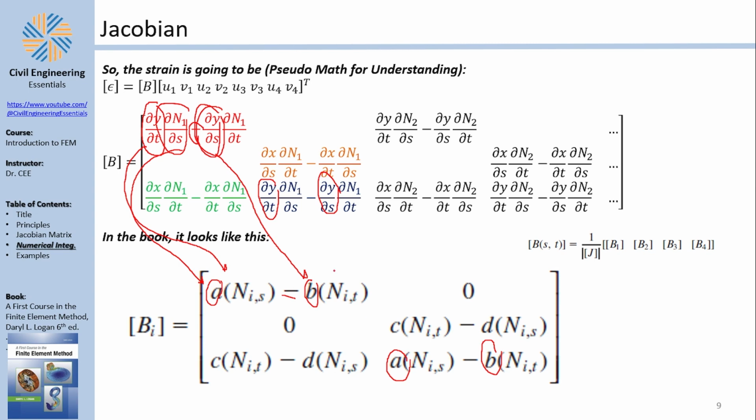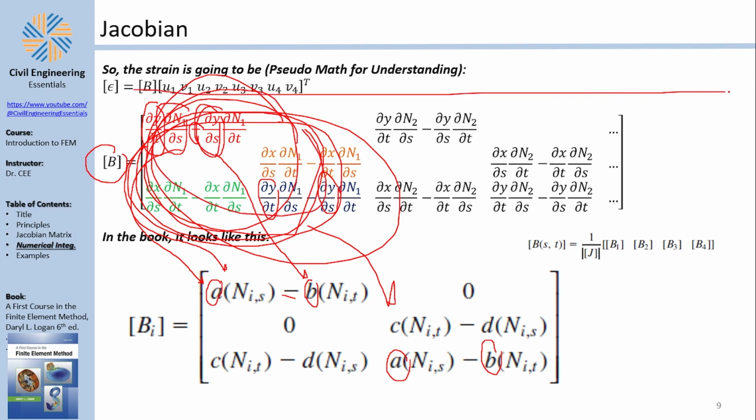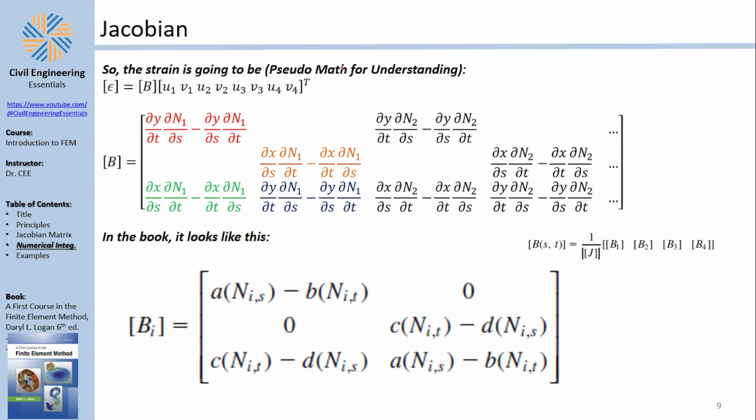So I think you're convinced now that what you see here for N1 is actually what happens for B1. Well, duh, I mean, this is B, and this would be B1, one block in the big B matrix, because you're going to have to repeat this for N1, N2, N3, N4. And truth be told, personally, when I was programming the entire finite elements method, I used this. But of course, that's only a personal opinion.